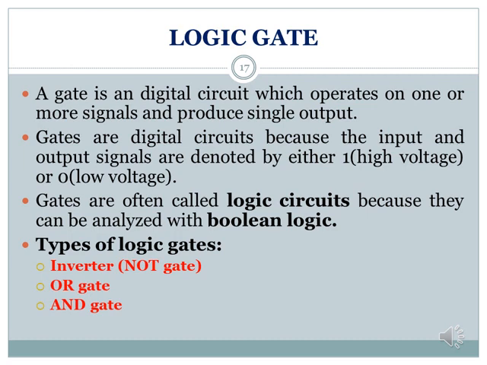Gates are often called logical circuits because they can be analyzed with Boolean logic. Here we have 3 types of basic gates: the inverter, which is represented as the NOT gate; second, the OR gate, which performs the logical addition operation; and the AND gate, which performs the logical multiplication operation.